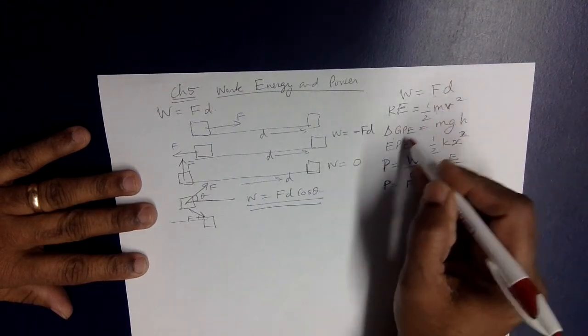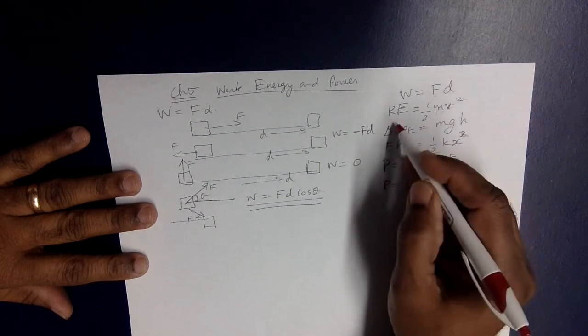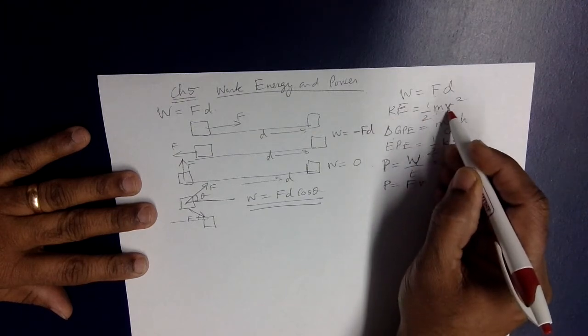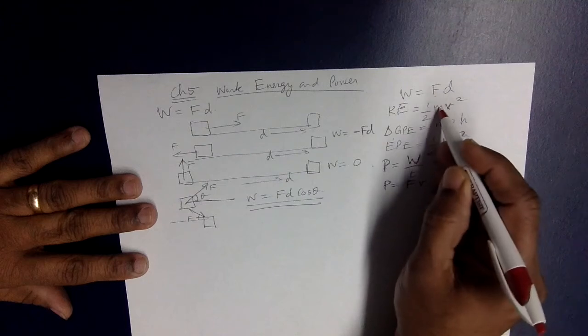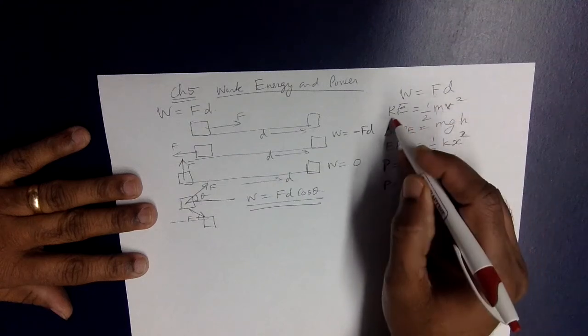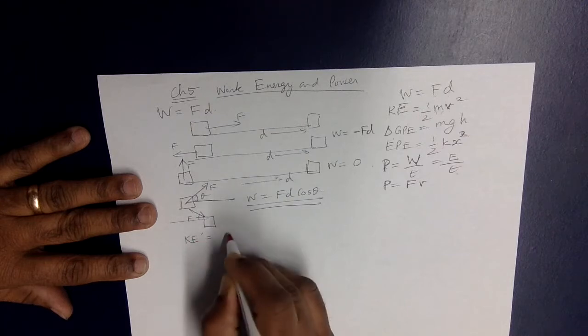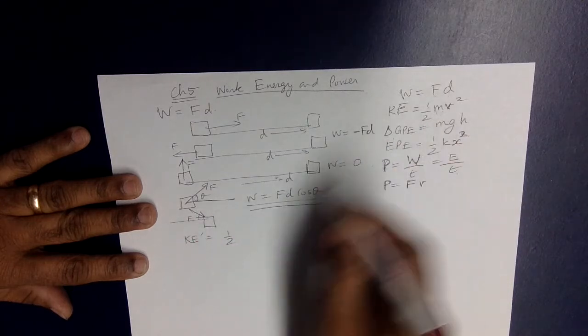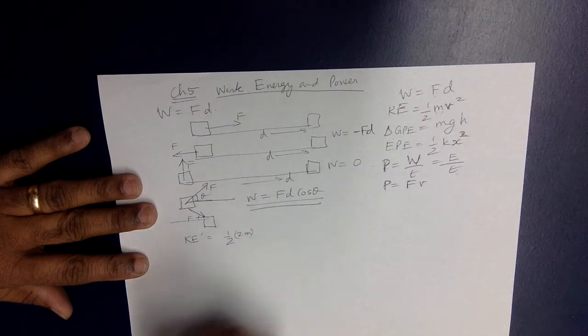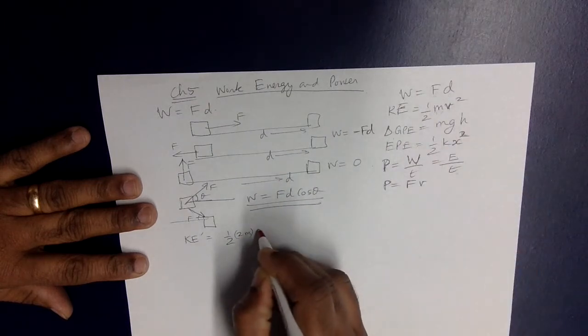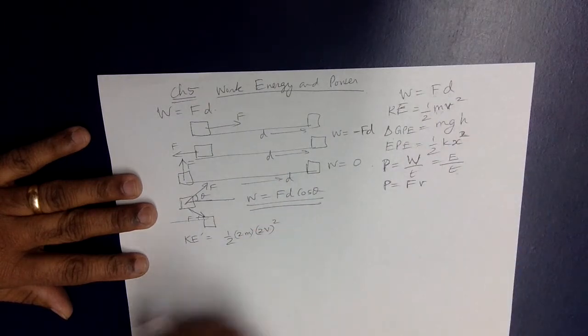What if an object is moving with a certain speed, and the mass of the object is doubled and the velocity is also doubled, what will happen to the new kinetic energy? So the new kinetic energy is half times mass is doubled, so make it 2m. Velocity is doubled, so take it 2v squared.